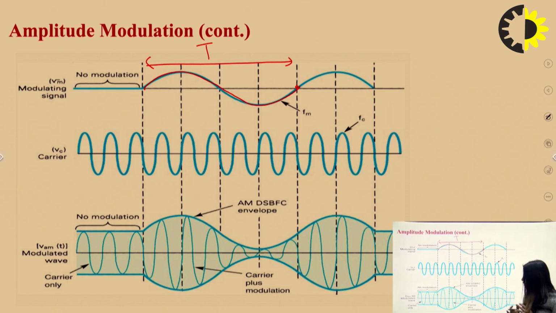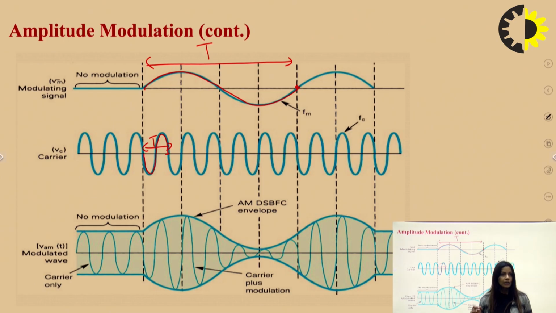Here the second waveform in the diagram is a very high frequency waveform. We can see the time period of this waveform is very low, so the frequency is very high.